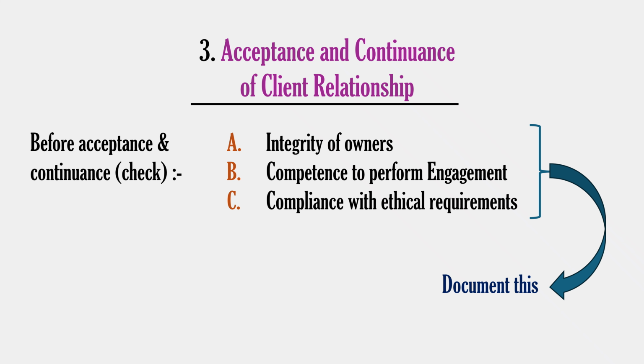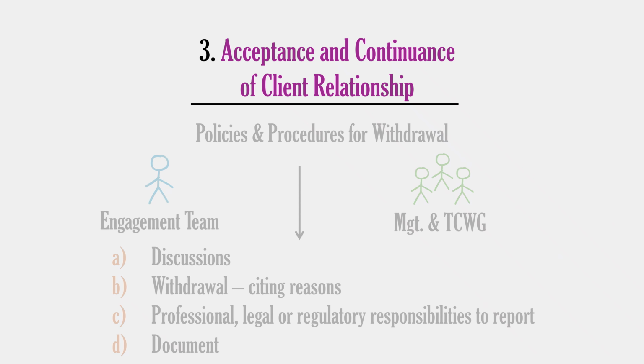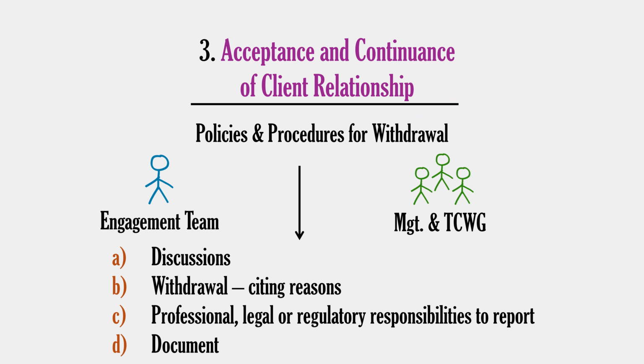And the auditor has to document all these three points and frame policies and procedures for withdrawal, that in case any condition is breached, like if he is not able to comply with any ethical requirements or his competence is far gone, then the engagement partner should be able to withdraw by discussing the same with management and TCWG.